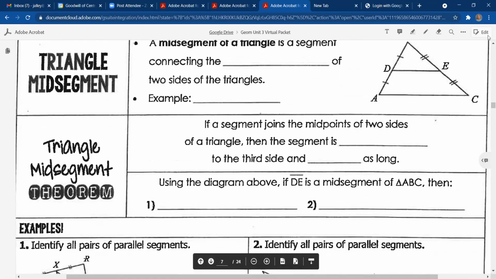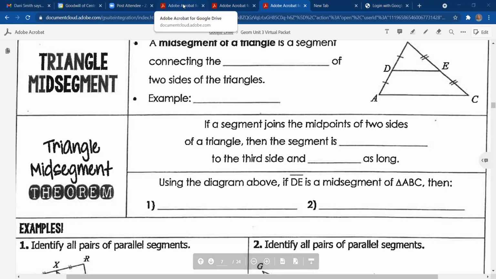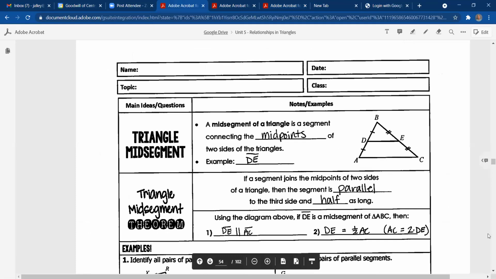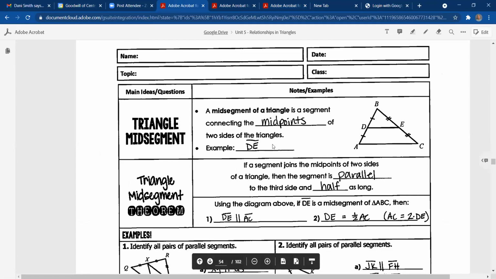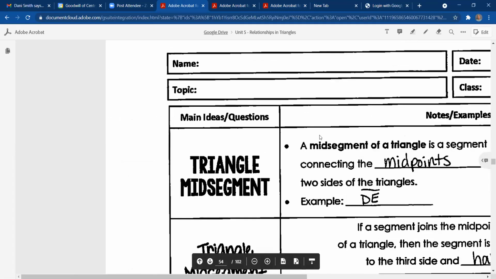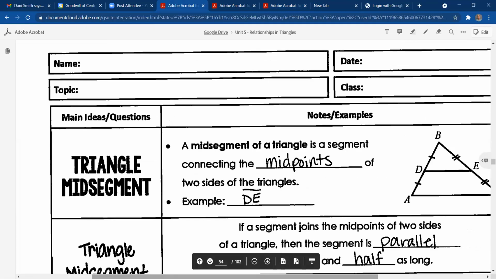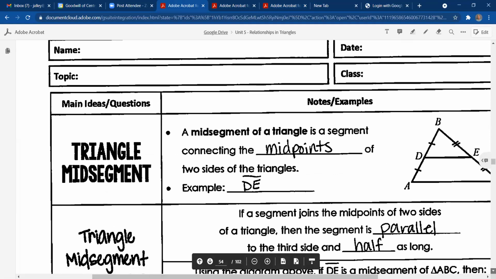Anybody know? That's okay. I don't expect you to. It's really critical, though, to be able to use this mid-segment theorem in doing calculations.